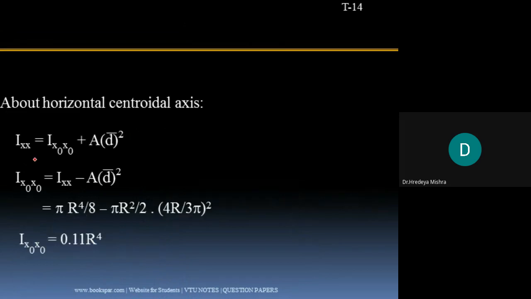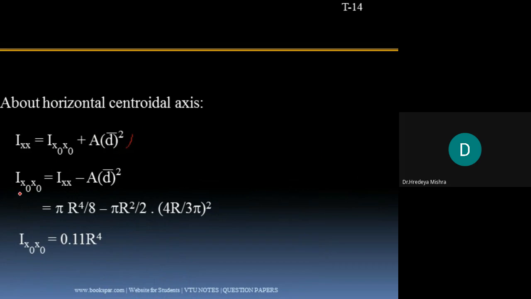Now about the horizontal centroid axis. So Ixx equals Ix naught x naught plus A d square.